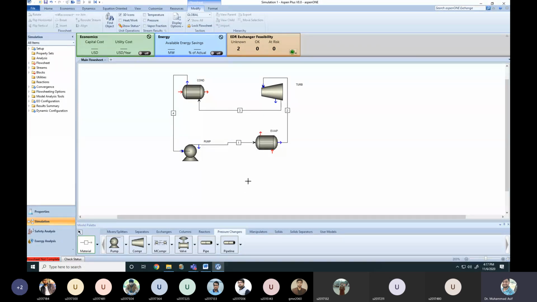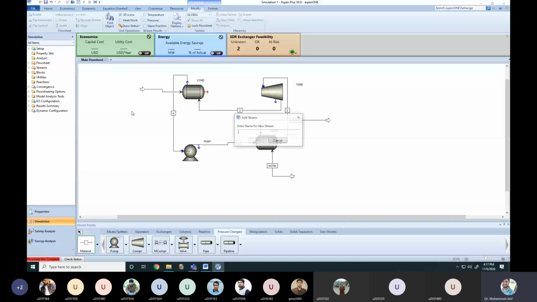And then for example in the evaporator we need to have some hot water. Let's say this is hot water in, right? And then some hot water out, let's say. Right? And similarly in the condenser, to condense the vapors here, we need some cold water again.